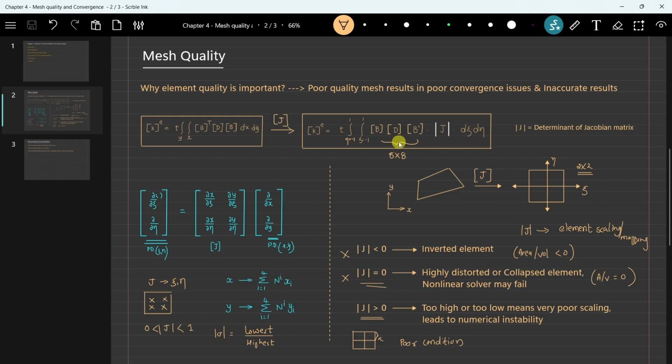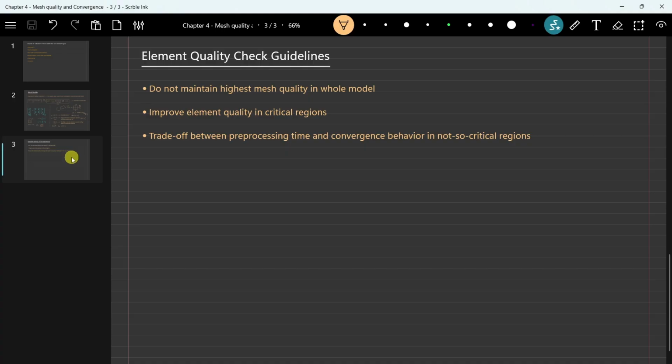If the element gets distorted, the Jacobian leads to a very low value, and in that case the local stiffness matrix will become very low, which will result in numerical instability and convergence issues. Hope this is clear. Now let's see some of the element quality check guidelines.